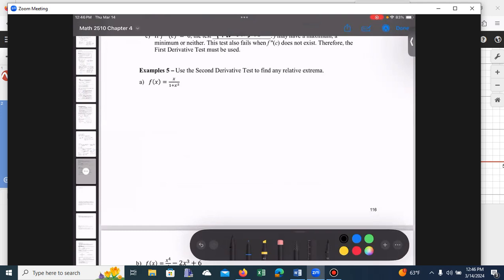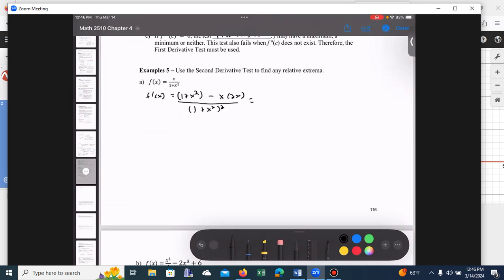Right, so we're going to take the derivatives of this function. So first derivative, we'll require the quotient rule. Low times derivative of the high, which is 1, minus the high times derivative of the low, which is 2x, over the low squared.